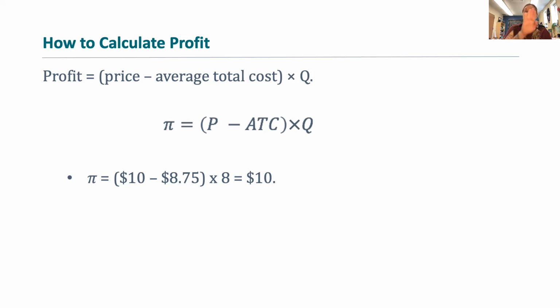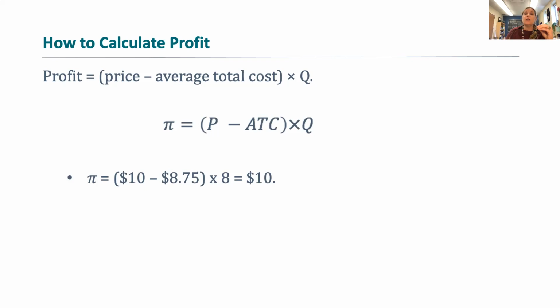So that means that I would divide my total revenue by my output quantity, and I would divide my total costs by my output quantity. So this is where we're going to see that profit on the per unit basis is actually the price that I sell my product for minus the average total costs for that unit.